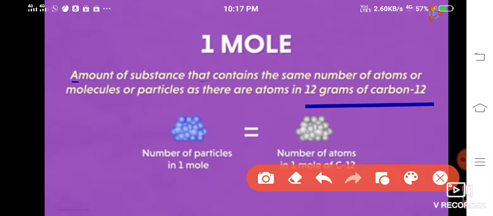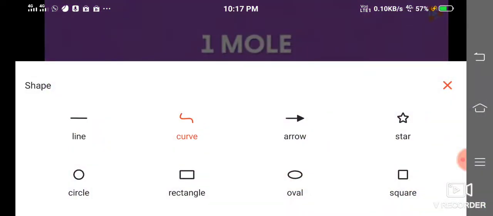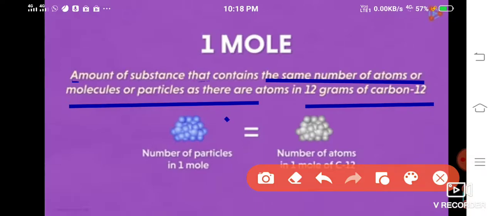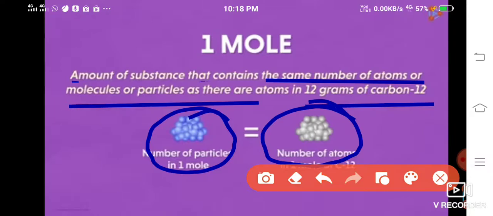So the amount that contains the same number of atoms or molecules or particles as there are atoms in 12 grams. So this is 1 mole, but 1 mole is how much? 12 grams of carbon. It's atomic mass, isn't it? So this 1 mole, how many molecules is it going to contain? Yes, it's going to contain 6.022 times 10 to the power of 23.